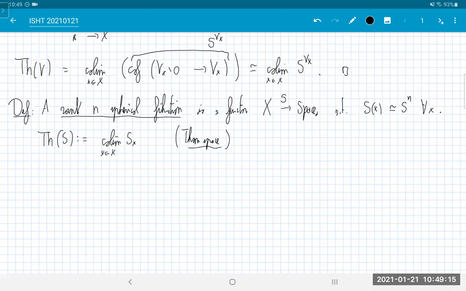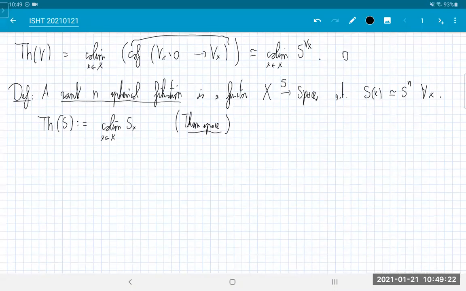So let me give you an example of the tangent spherical fibration of a topological manifold. So example, let M be a topological manifold of dimension n.